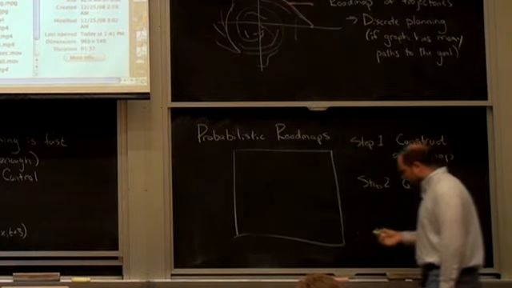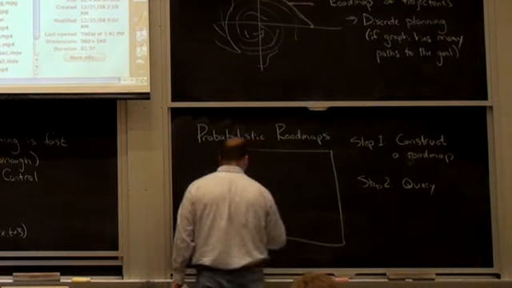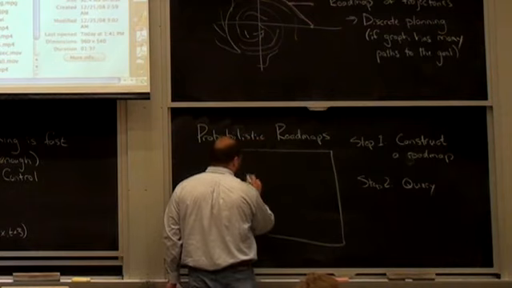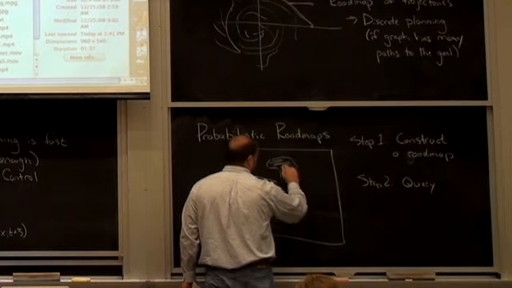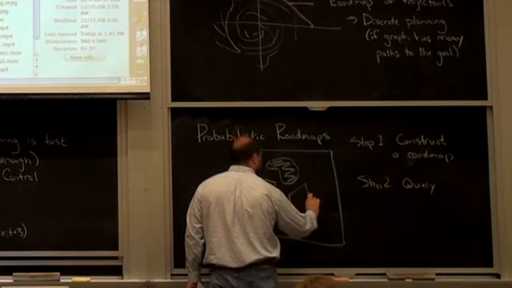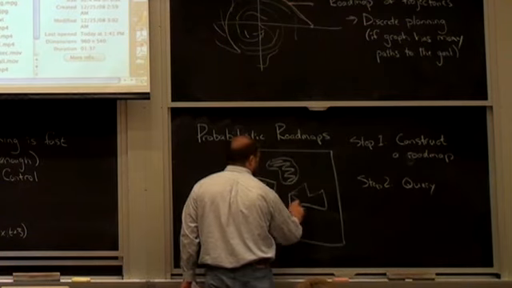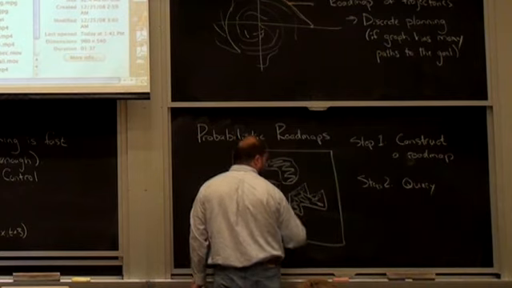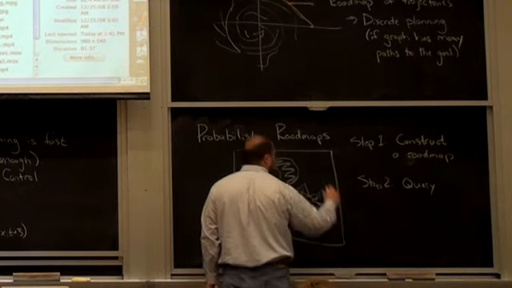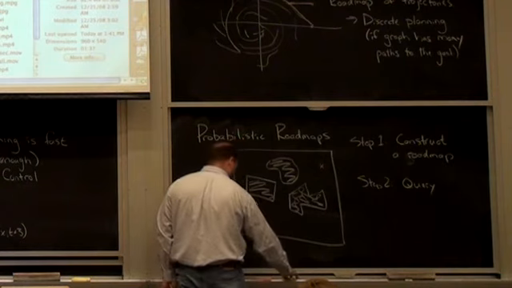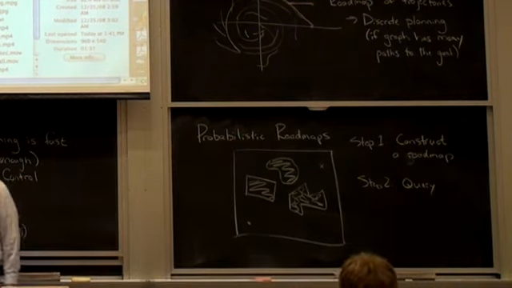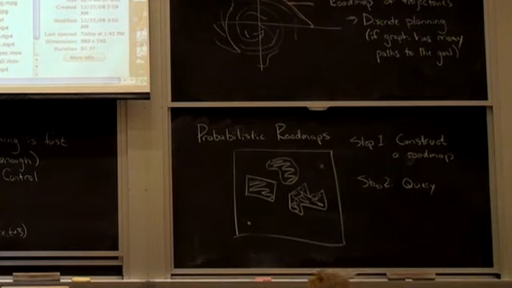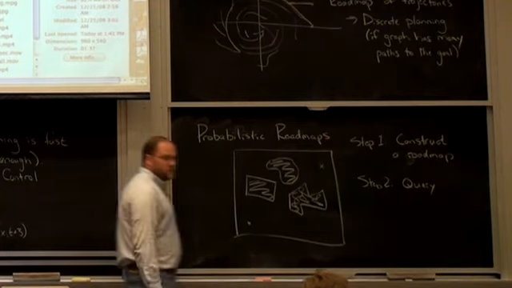Okay? So let's think about that in a configuration space. I've got a bunch of obstacles, and I want to get myself from start to some goal. Right? If I know I'm going to be doing a lot of these things, then it makes a lot of sense for me to go ahead and build a pretty good graph.